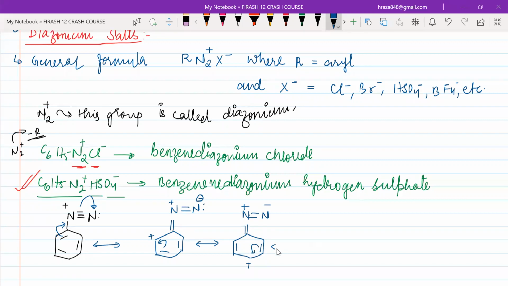Now this will move to this, and again you will get the same compound. So this is how we write the resonating structure of benzene diazonium.